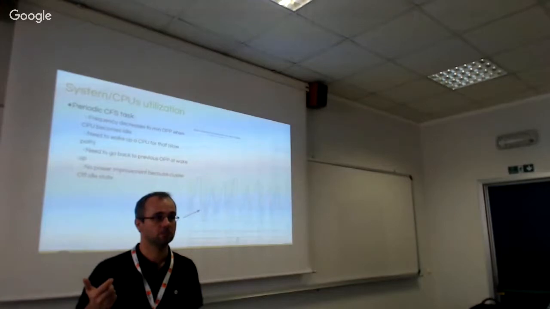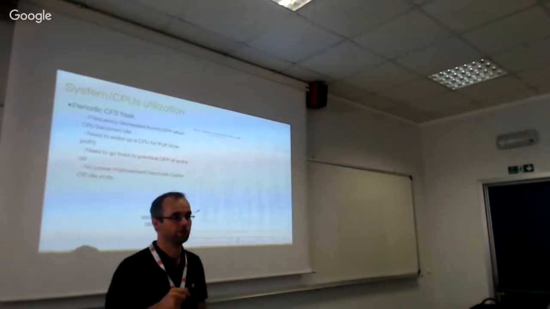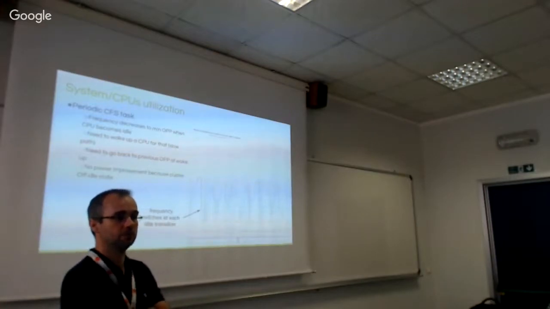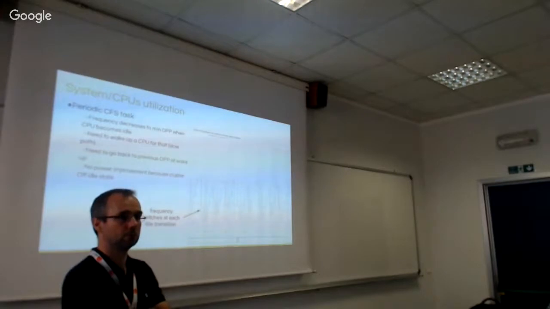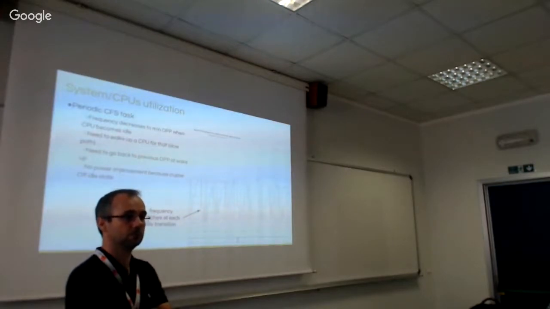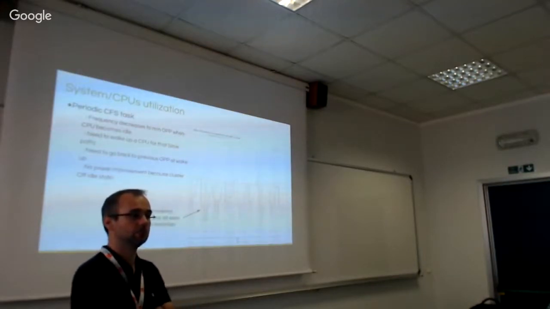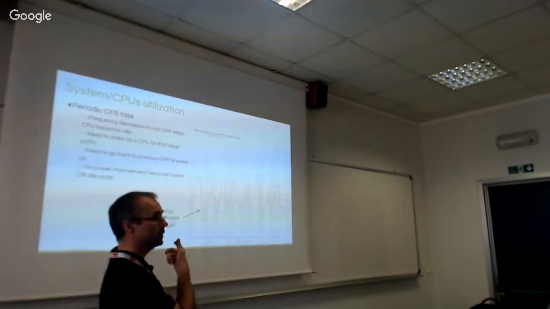But basically it's the same thing: there's no point in calling the scheduler to drop the frequency, because the cluster is going to go to idle, so you won't save anything.